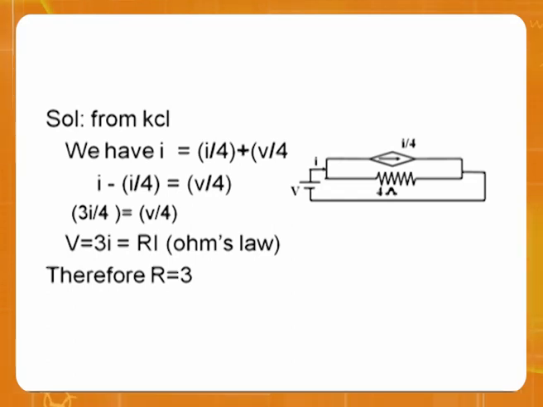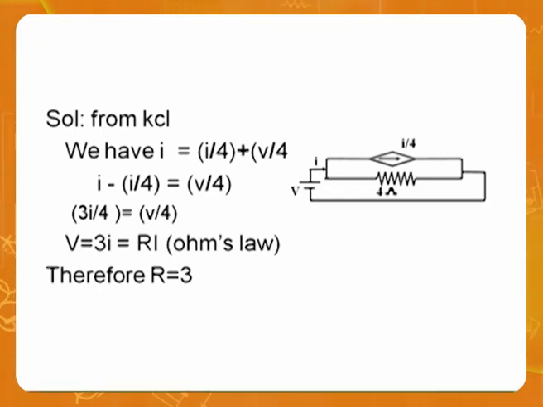The best way to see is, the circuit is already here. Suppose this is the current, as he said, this is I by 4. And please understand, this is a dependent source. I by 4 is leaving, 4 ohms is here.